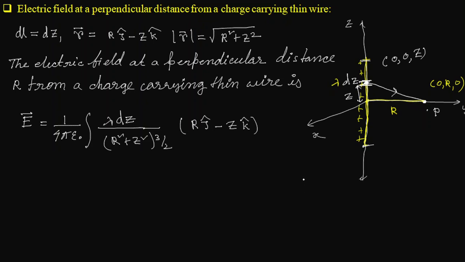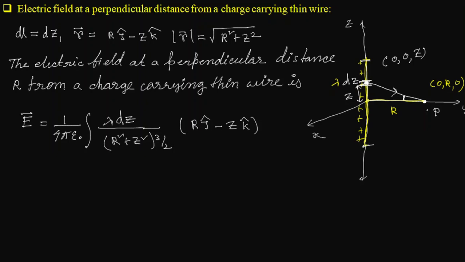But as I told you earlier, we are going to write a general definition of electric field at a perpendicular distance from a charge carrying thin wire. That means the length of this wire can be infinite, or semi-infinite, or this point may be exactly on the bisector. For this purpose, I am replacing this integration variable z in terms of another variable, this angle.